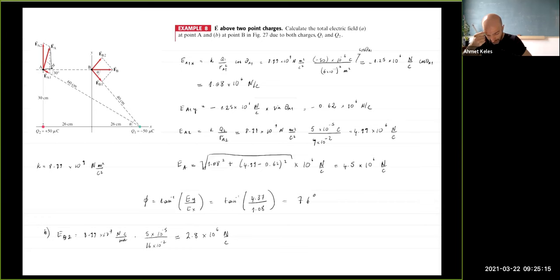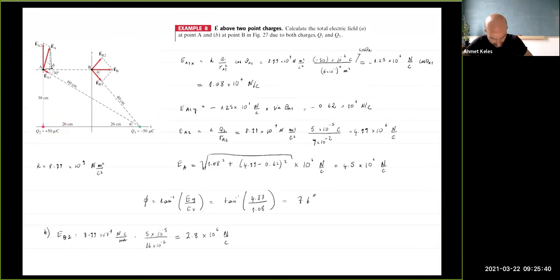And I have two of these, like this one and this one, and the angle is, let's see what the angle is. I need to multiply with cosine, and take it twice, because there will be exactly the same thing like this. Charges are the same, symmetrically placed.